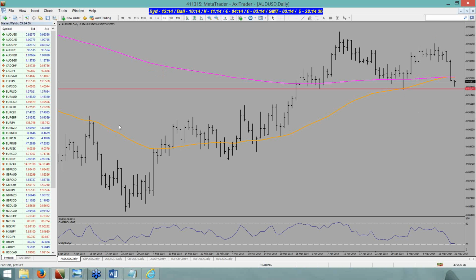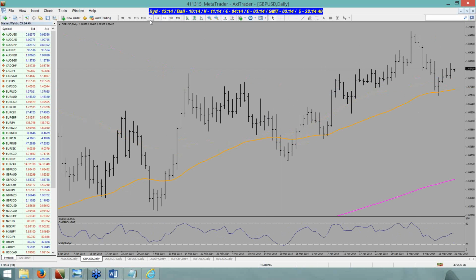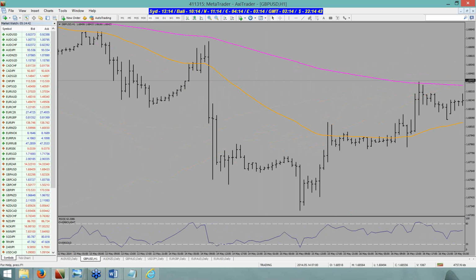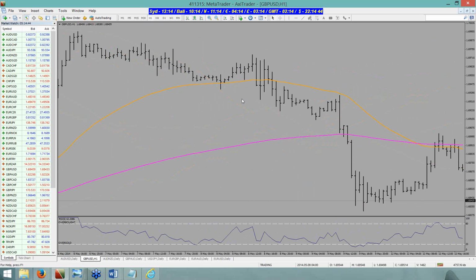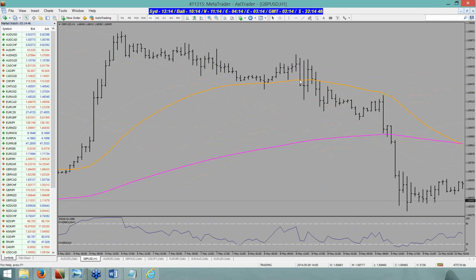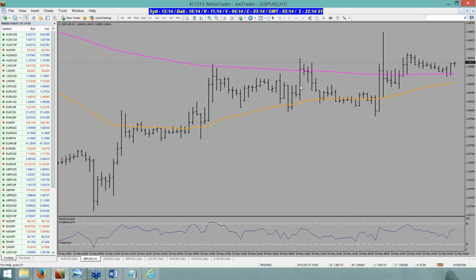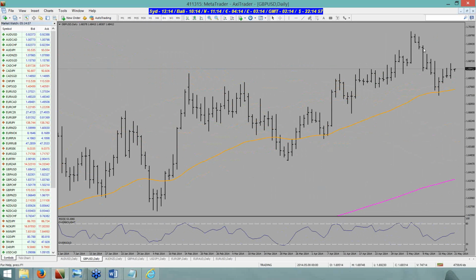The pound trade, as I said, was purely a news trade. The news item came out, I think it was around here somewhere, and I shorted it off a news announcement that I thought was bearish for the pound. That happened in here somewhere.